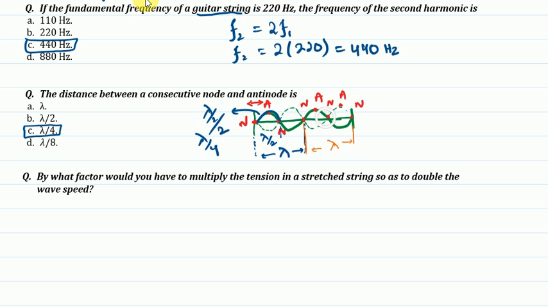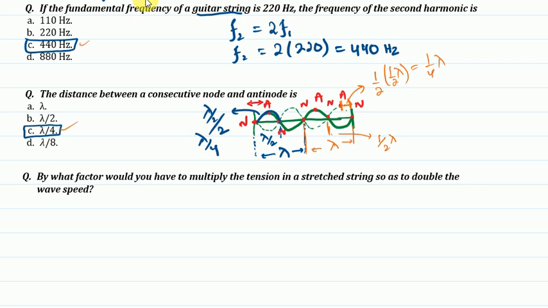First, 1, 2, 3. 3 nodes will make a complete wavelength, and the same goes for antinodes as well. What about this? This is half wavelength. And what about these 2 points? This is half of half lambda. What we did, this was lambda, we halved it, and then again halved it. So half of half lambda is 1 upon 4 lambda, or lambda by 4. So our answer is correct. I hope this is clear to you.